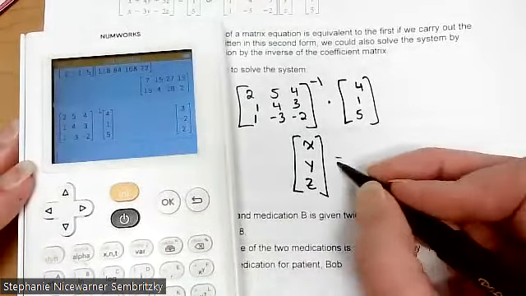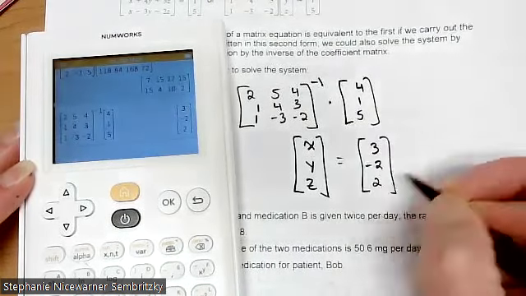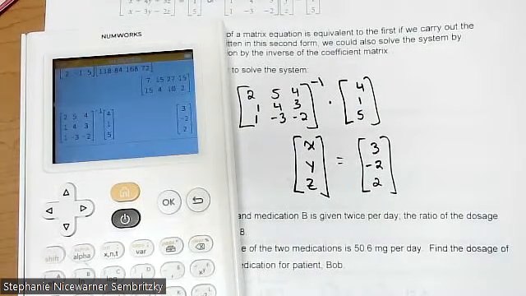It gives me the matrix 3, -2, 2. It's giving me X, Y, and Z.